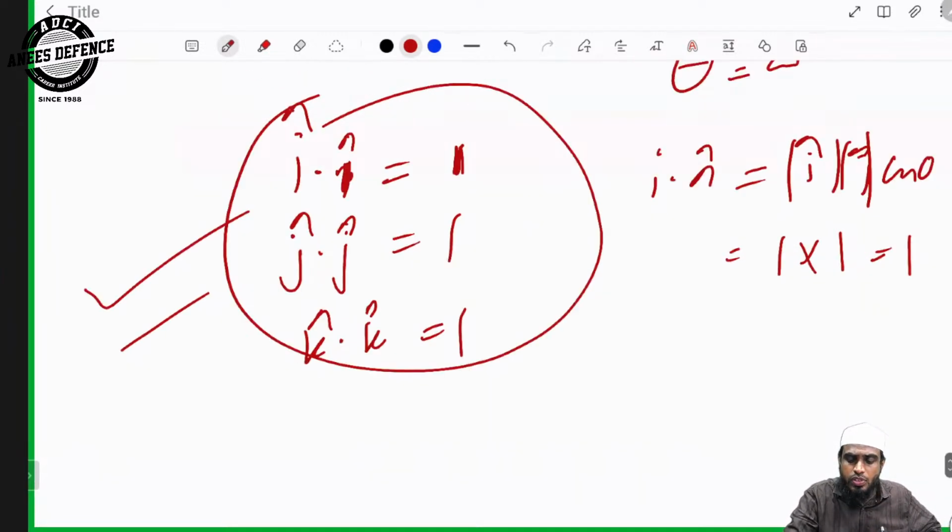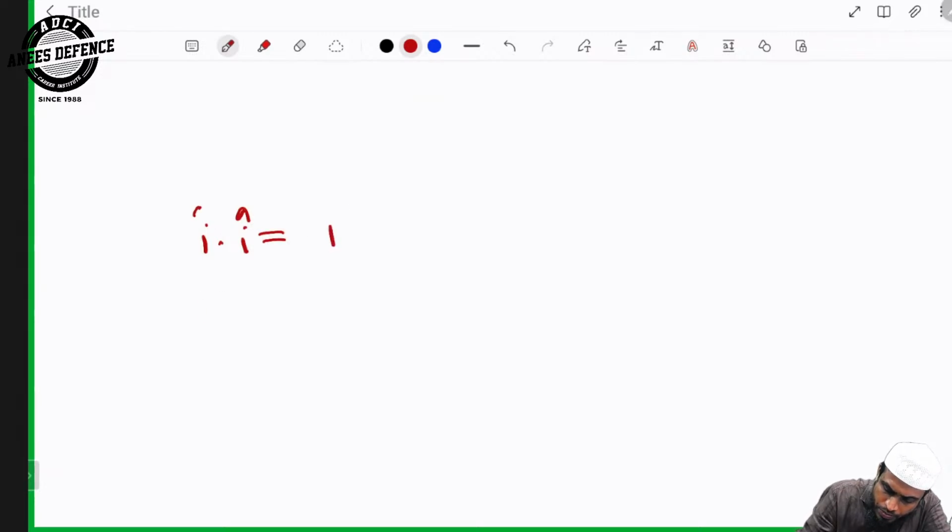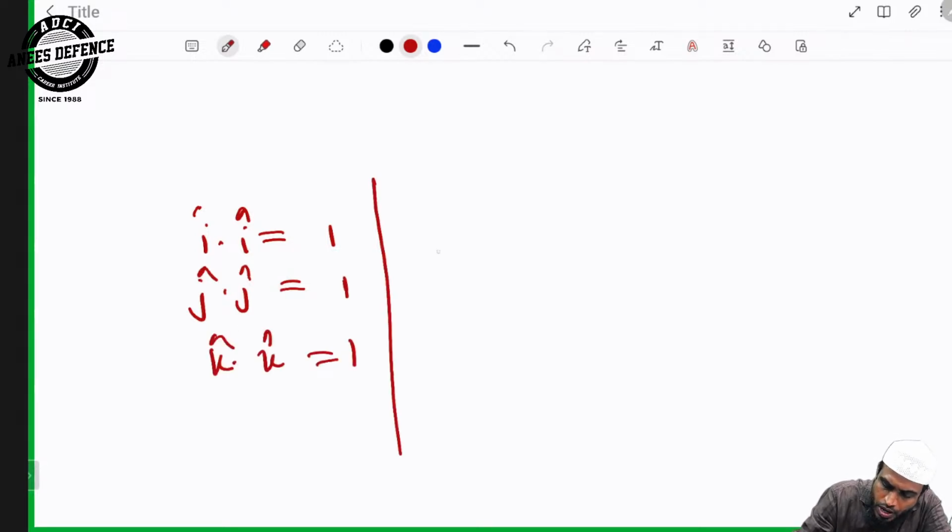So these are important relations you can see. i dot i equal to 1, j dot j equal to 1, k dot k equal to 1. i dot j equal to 0, and j dot i also equal to 0.